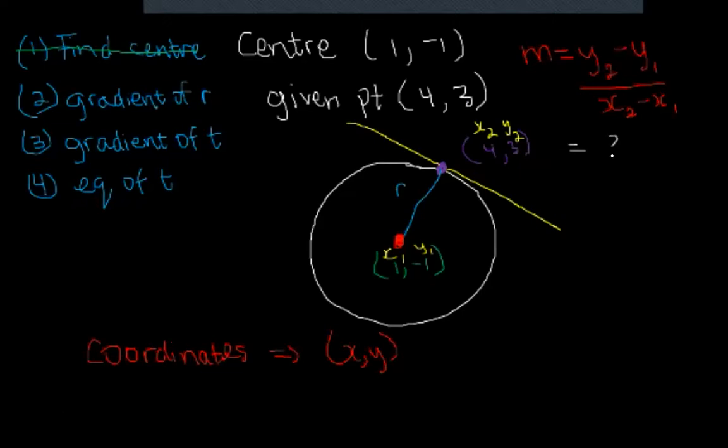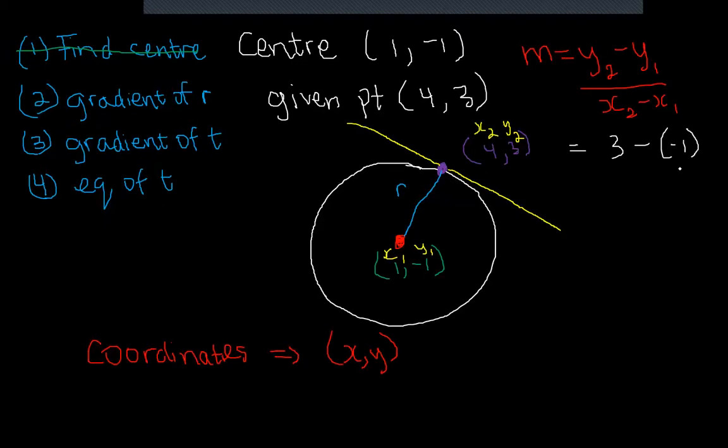y2 is 3, minus y1, which is -1. So that's 3 minus (-1). Remember to put your brackets because this would turn into a plus after. x2 minus x1. x2 is 4 minus x1, which is 1.